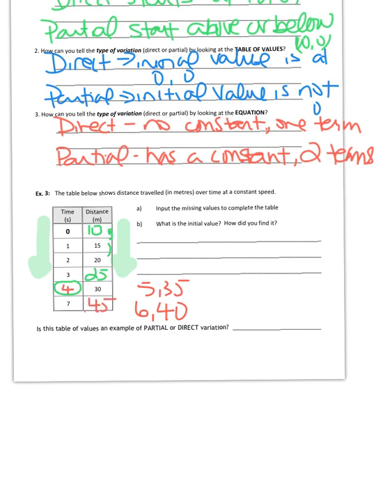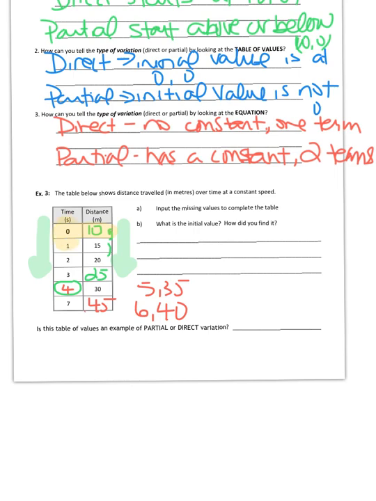Okay, so we inputted the values into our table, and now it's saying, what is the initial value and how did you find it? So what is our initial value? Initial value, remember, is when your first variable is zero, what goes with it? Let's just get rid of that. There we go. So we're looking at this first initial entry when x value is 0.